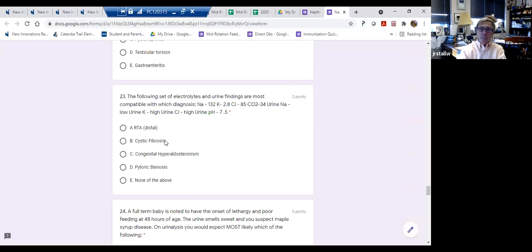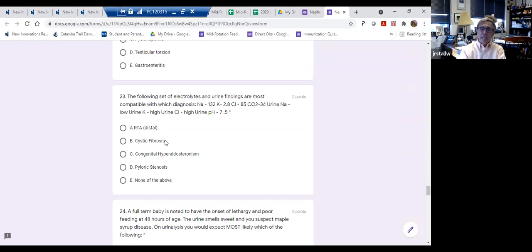What about pyloric stenosis? Hypochloremic, metabolic alkalosis, okay, that looks like a good answer. But what is the urine potassium in pyloric stenosis? In other words, why is the serum potassium low? The serum potassium is low not because they're losing it in their urine, but because they're vomiting.